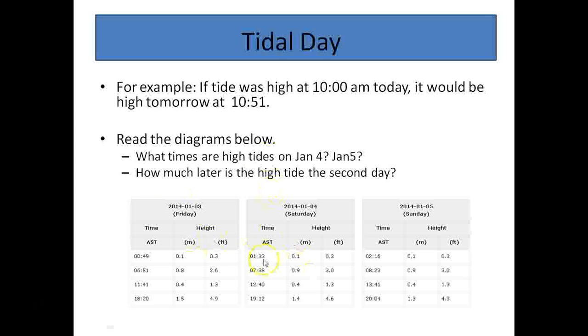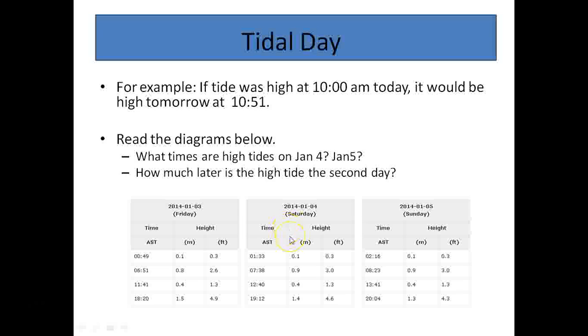So the lower numbers mean it's not very much higher than the average low-level water level, so that would be the low tides. The higher numbers are when it's obviously much higher above the low-level water level, so those would be the high tides.